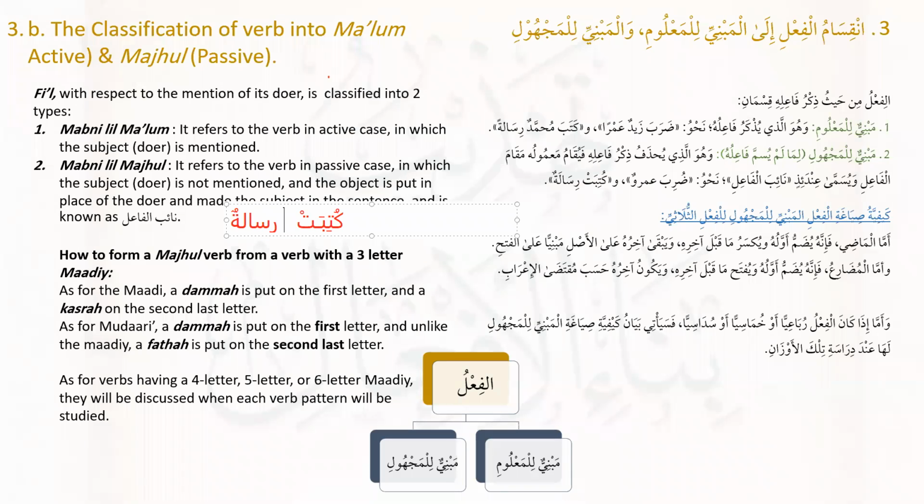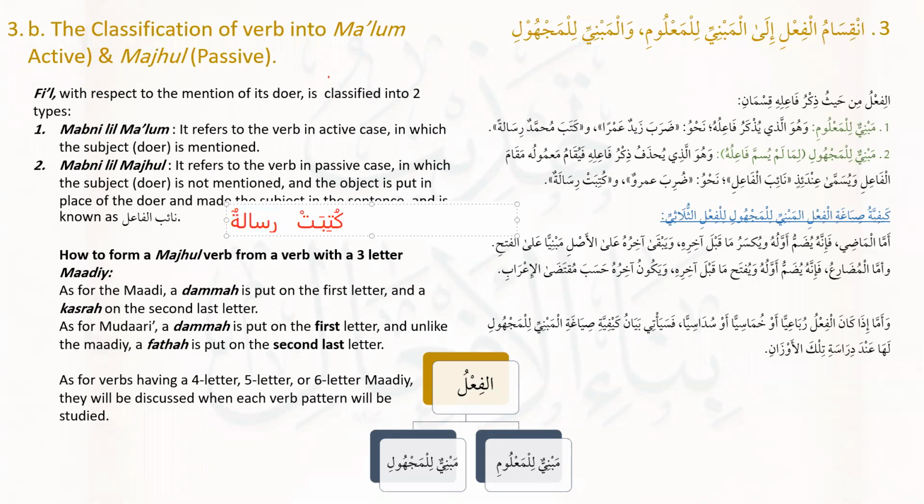طيب. Now we know that the fa'il of كتب, the fa'il of this act of writing, was Muhammad. When we made the fi'l مبني للمجهول and attributed it to the risala, we put risala in place of Muhammad and made it marfu', but we still realize that risala is not the fa'il. So we cannot call it fa'il and we cannot call it maf'ul either. Why can't we call it maf'ul?